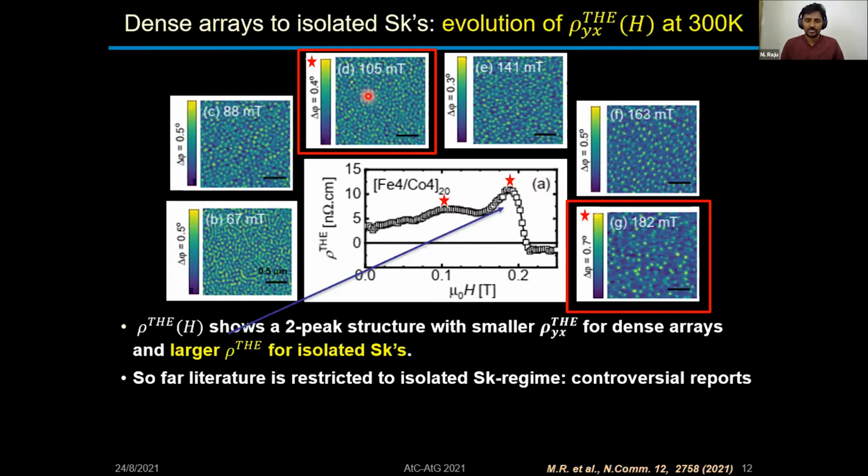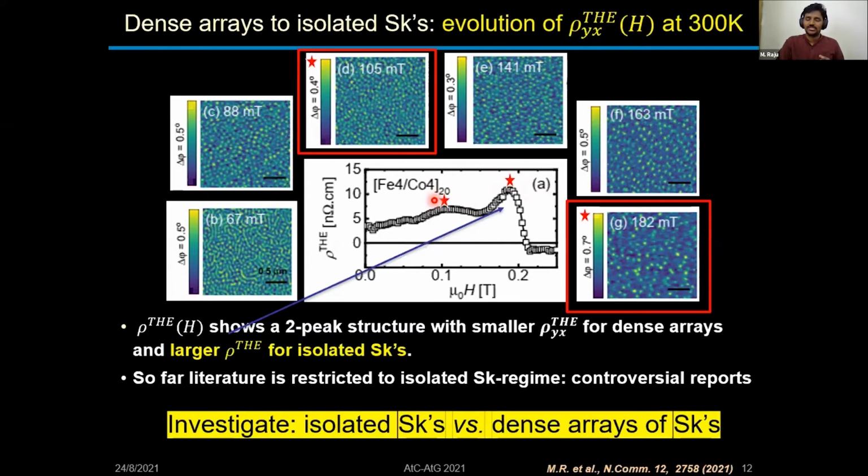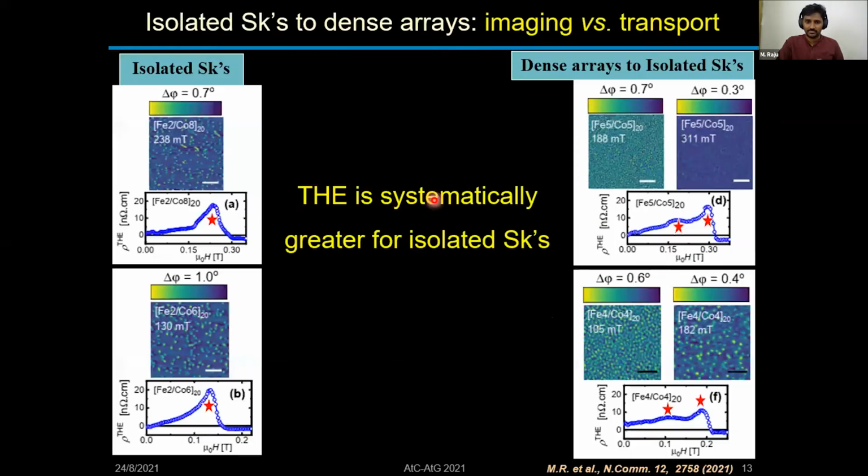The counterintuitive point is that though small in number, the isolated Skyrmions seem to produce larger magnitude compared to the large dense arrangement of Skyrmions. So to start with, this is what we wanted to investigate.